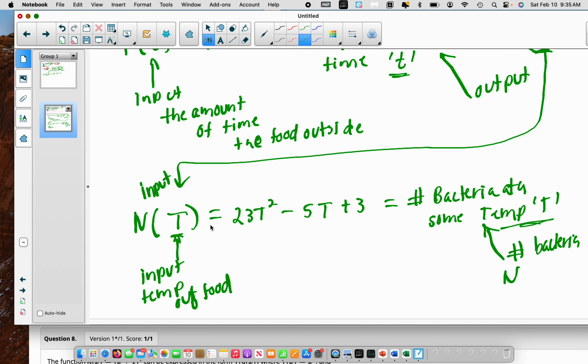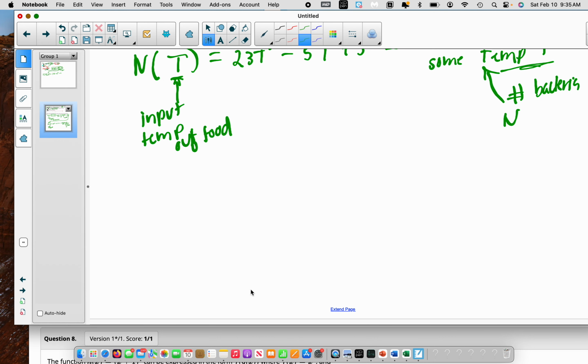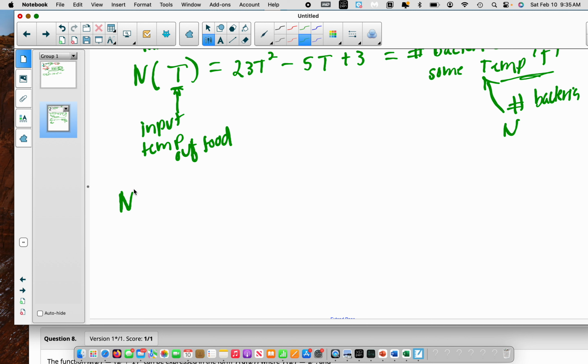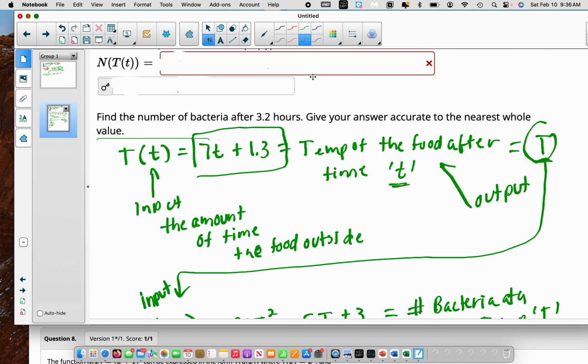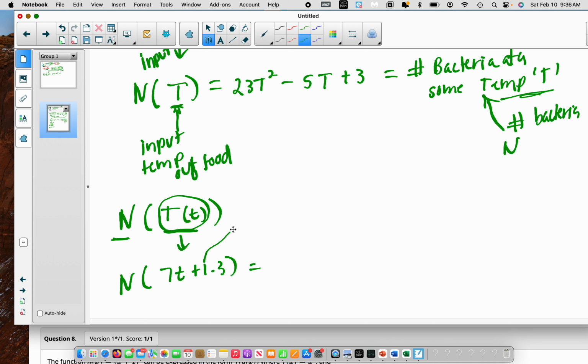Okay, so what is T? Well, this is what T is right here, 7t plus 1.3. So if I rewrite this in function composition, N of T of t. All this means is that I input into my bacteria function the output of my temperature function. This becomes N of 7t plus 1.3, which now equals, everywhere I see a T, I'm going to replace it with 7t plus 1.3.